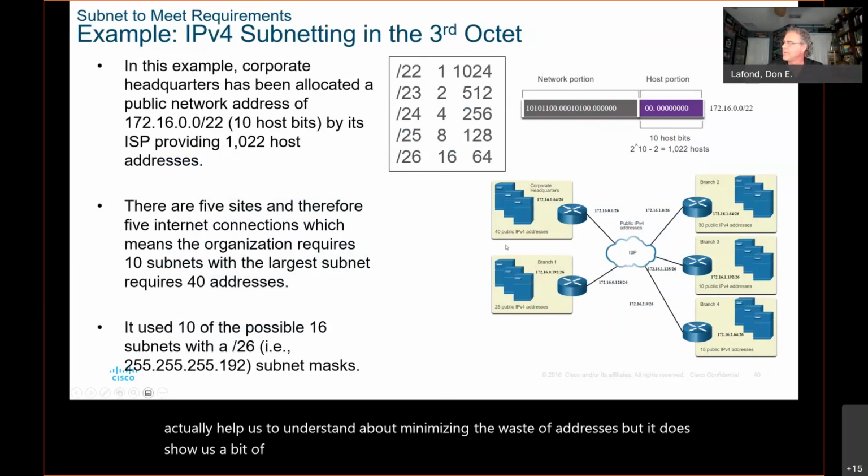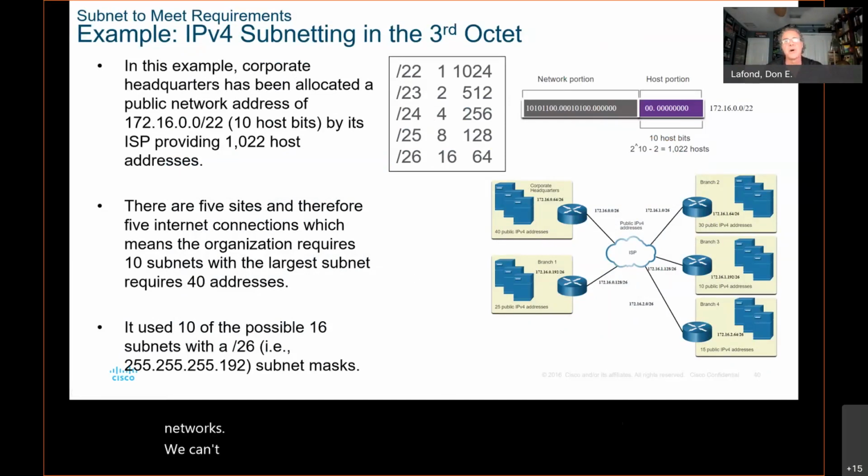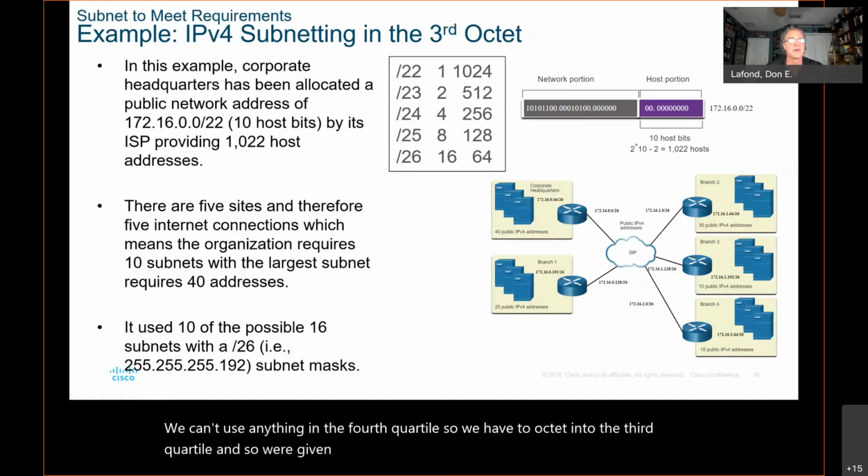Because we need 10 networks, we have 5 branches and 5 connecting networks, we have 10 total networks. We can't use anything in the fourth octet, so we have to go into the third octet. We're given a /22 to start with.